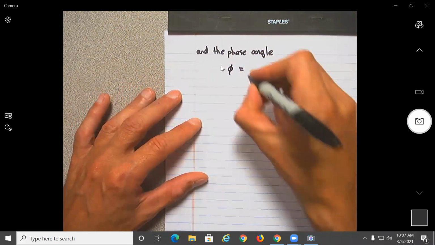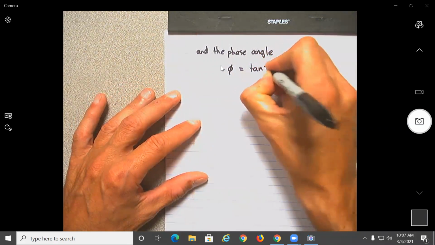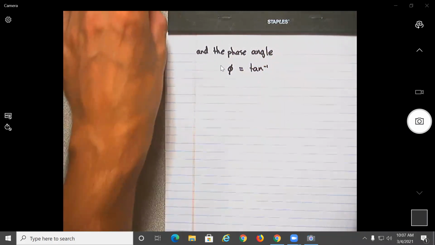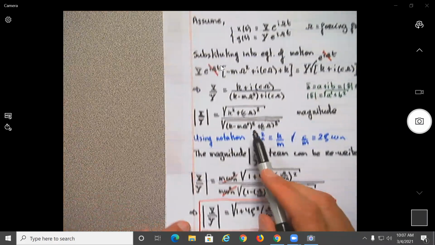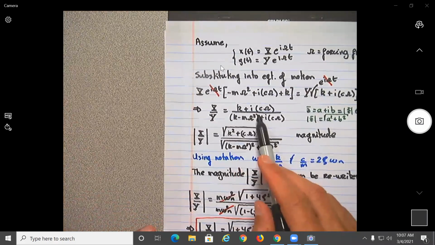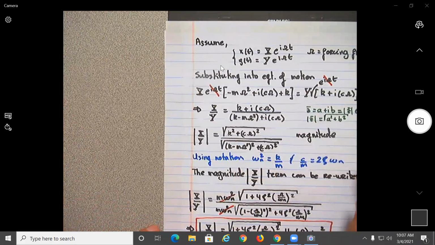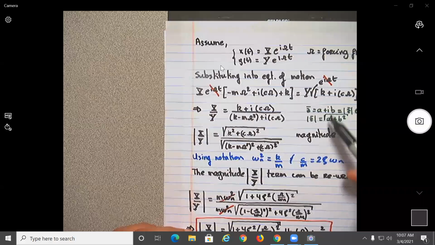To the inverse tangent of, I'm not going to write the whole term, but this is the term over here. This is a complex number. All right. So phi should be equal to what? Is the tangent minus 1 of the b over a, no? Yeah. Okay.